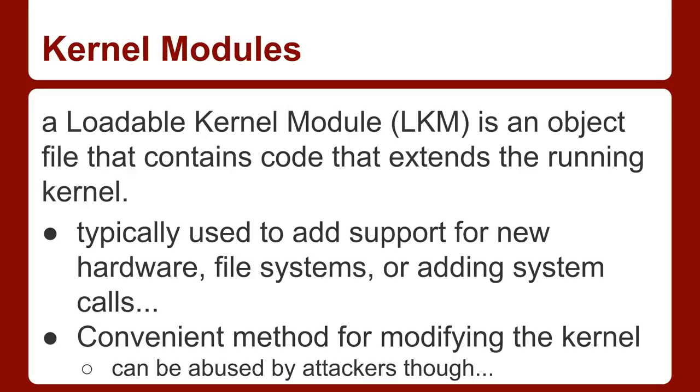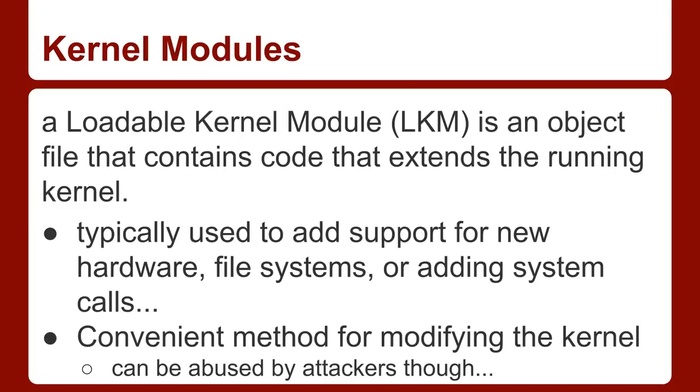Another thing that's useful to cover that is somewhat close to daemons is kernel modules. These modules effectively contain code, or basically libraries and executables, that can be loaded by the kernel, and they extend the kernel to perhaps add support for a new file system, or adding system calls, or for a wireless driver, and so on.